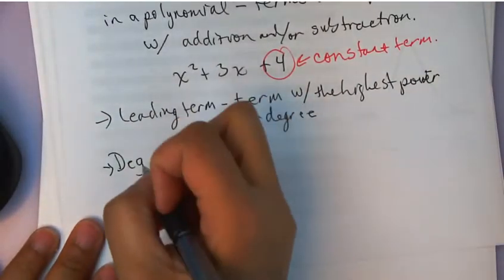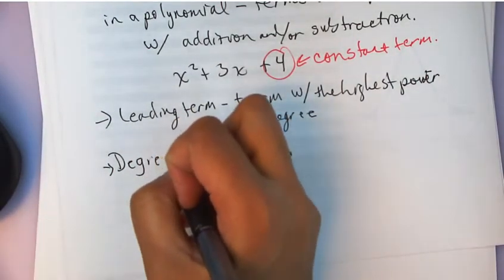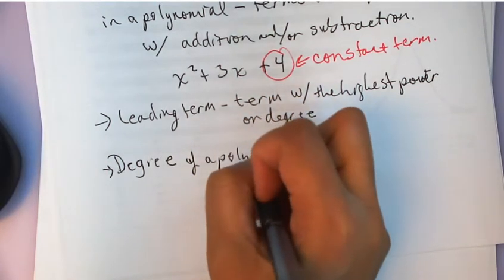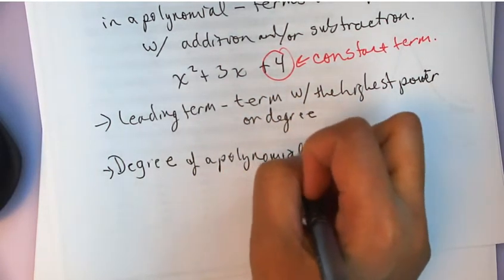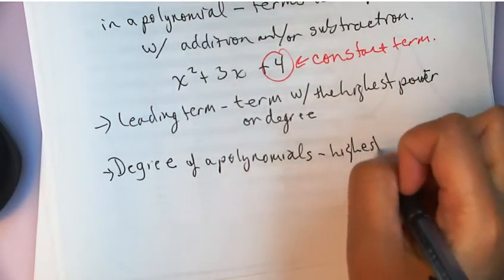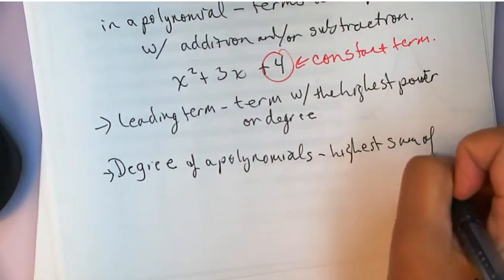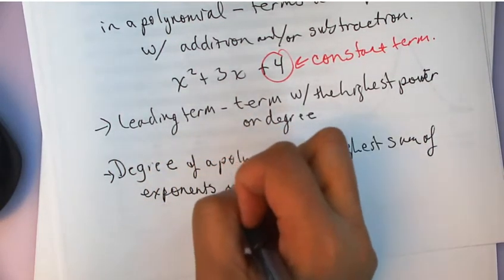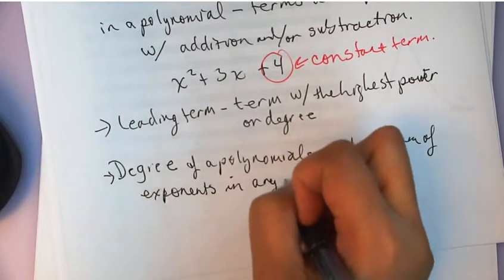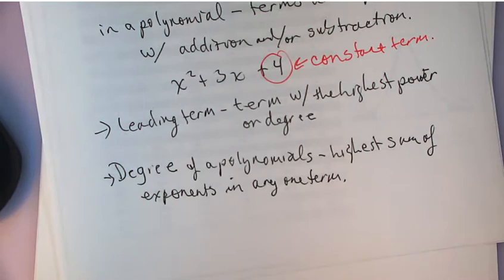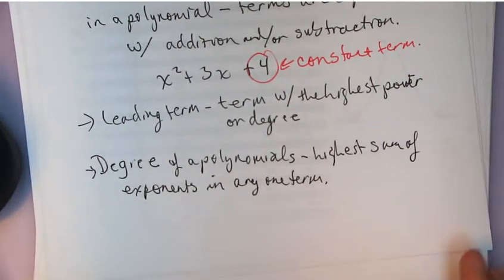The degree of a polynomial is the highest sum of exponents in any one term. So it is the highest sum of exponents in any one term.